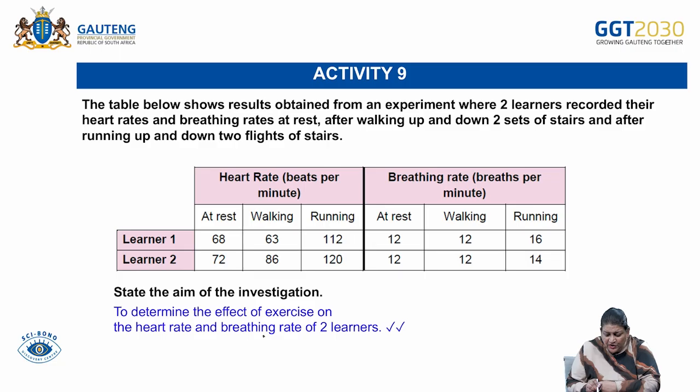When you're resting, when you're walking and running, you are looking at the heartbeat and the breathing rate of 2 learners during different activities. So the aim is always, you start off an aim to determine or to investigate the breathing rate. You can control the activities. To investigate the heartbeat and the breathing rate of 2 learners during different activities.